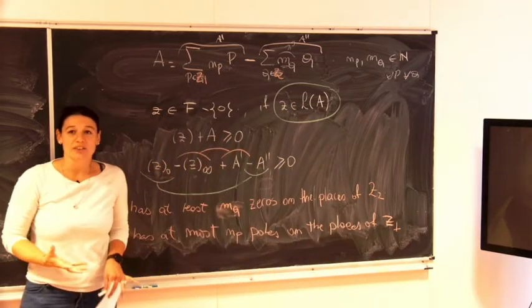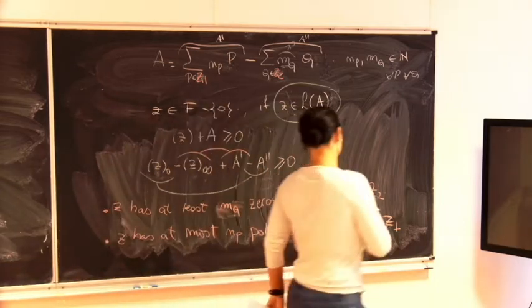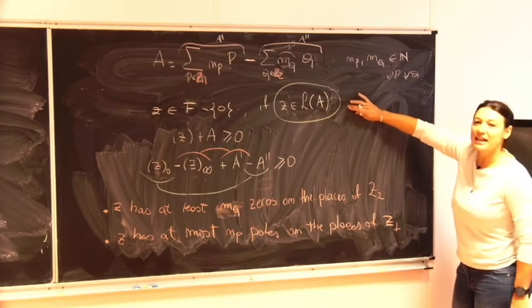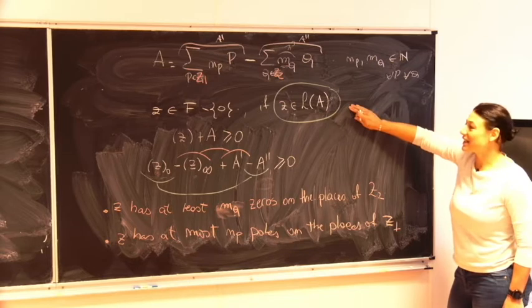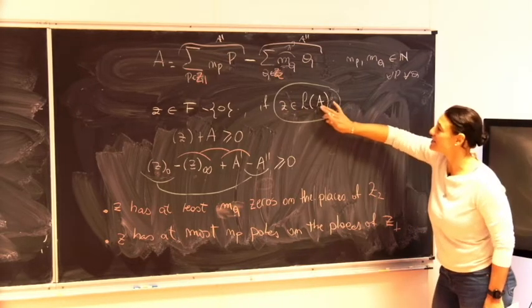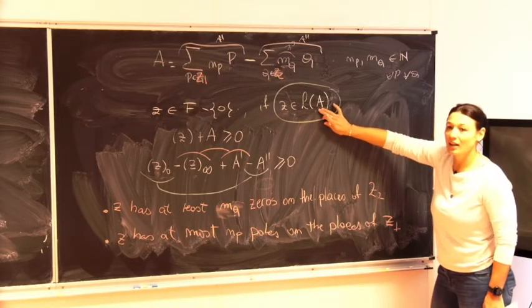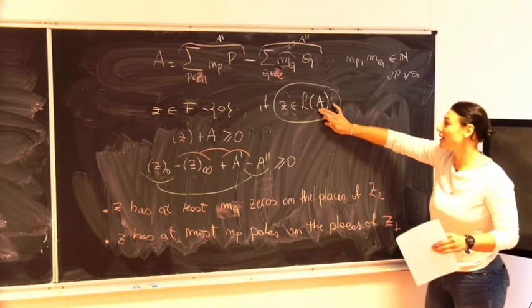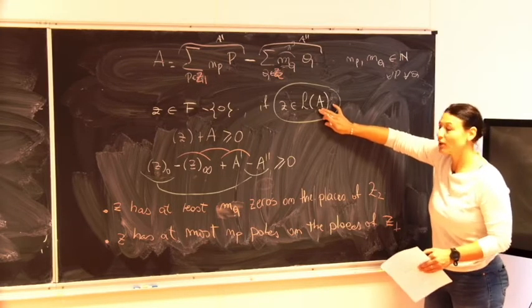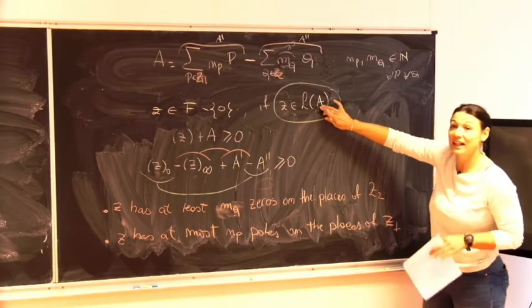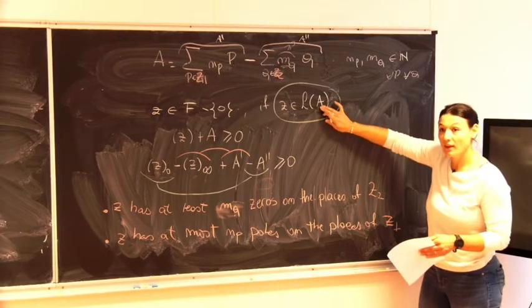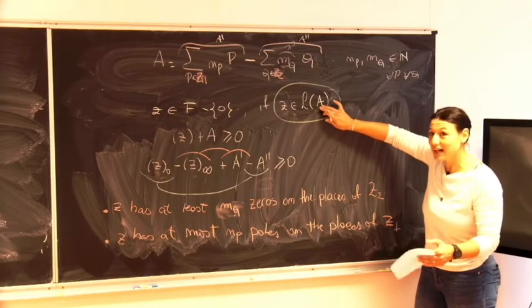So actually the Riemann-Roch space, what it's saying to me is that if an element is inside L(A), I need to have zeros where A has negative coefficients, and the order has to be at least that.